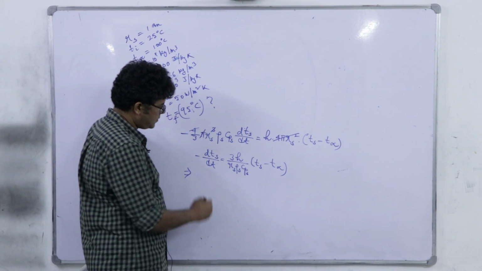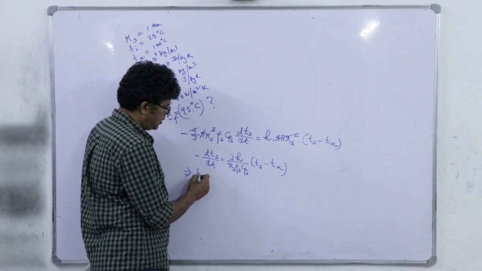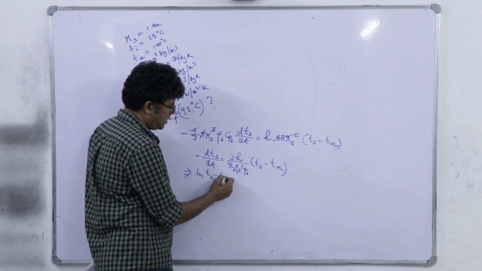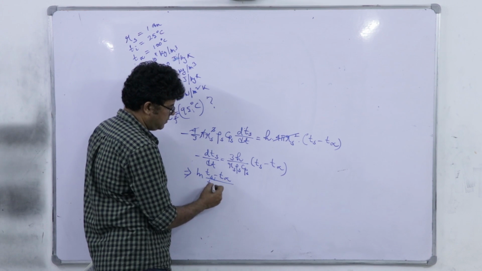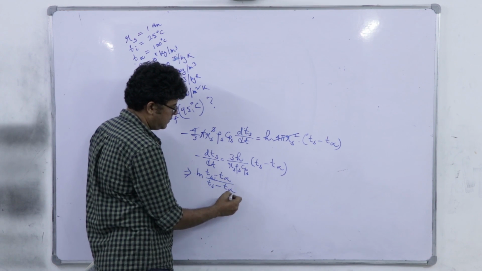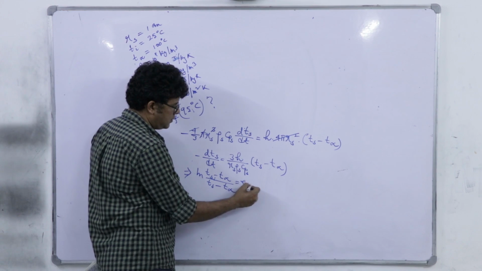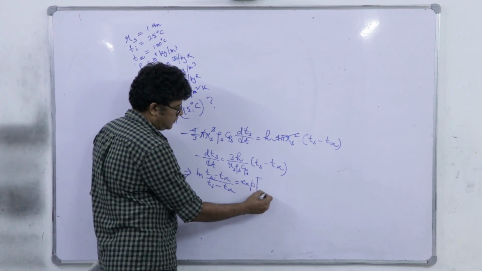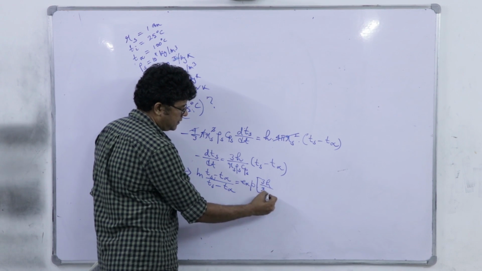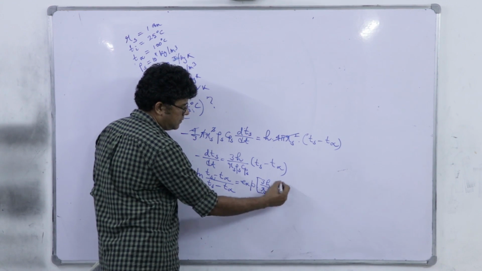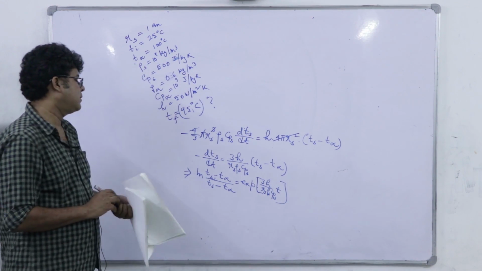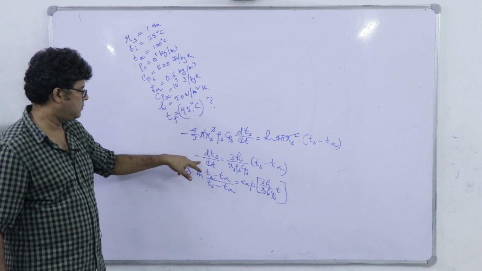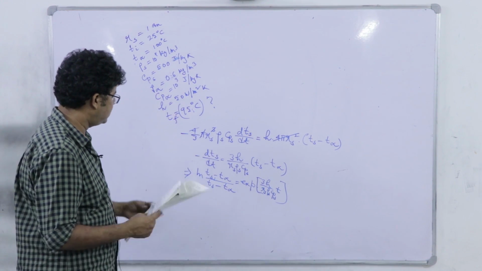So log of this Tsi minus T infinity divided by Ts minus T infinity, right, equal to exponential of this 3h divided by Rs rho s Cps into t. So this minus and this plus will cancel out.